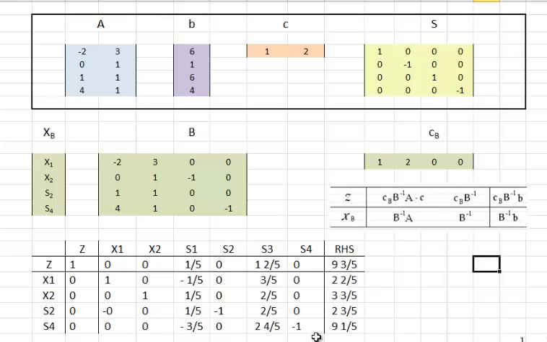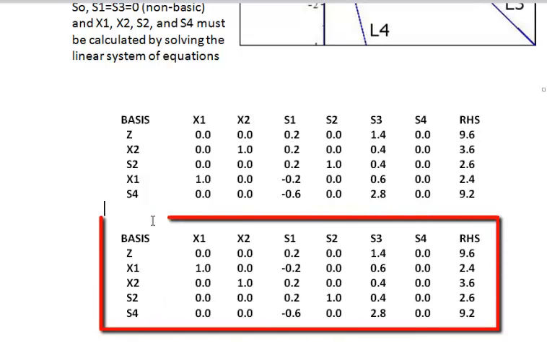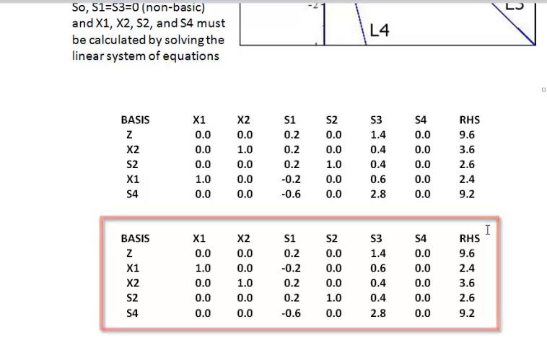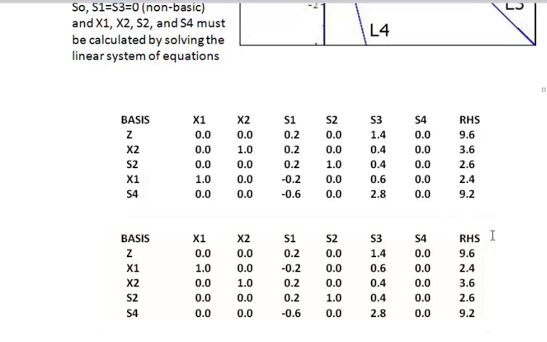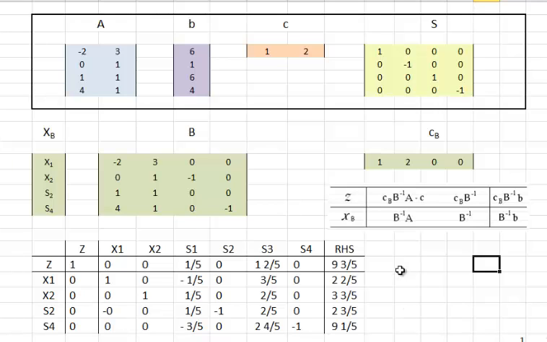Notice that this tableau is exactly the same tableau that I have in here as the tableau for that specific extreme point. And again, it doesn't make any difference which extreme point you are selecting. It is exactly the same thing.